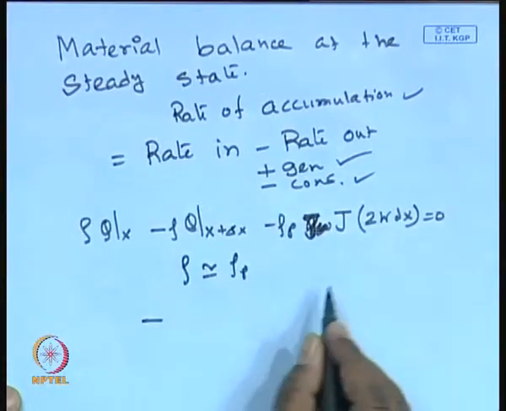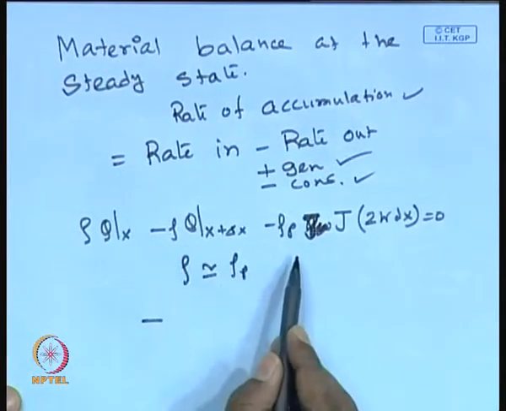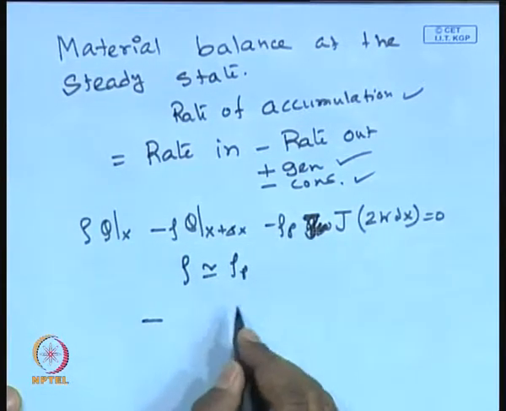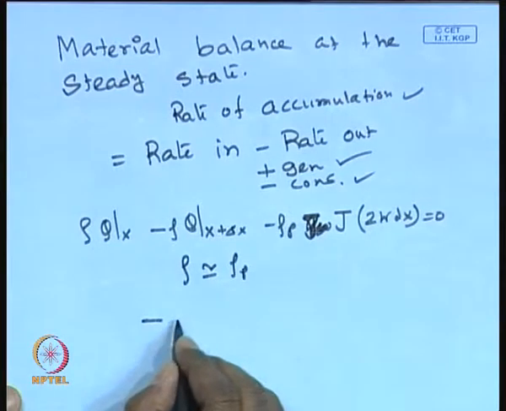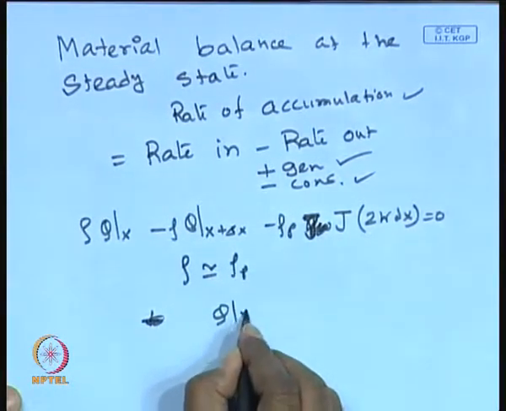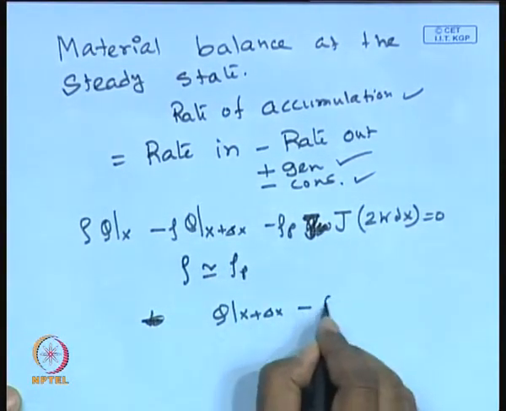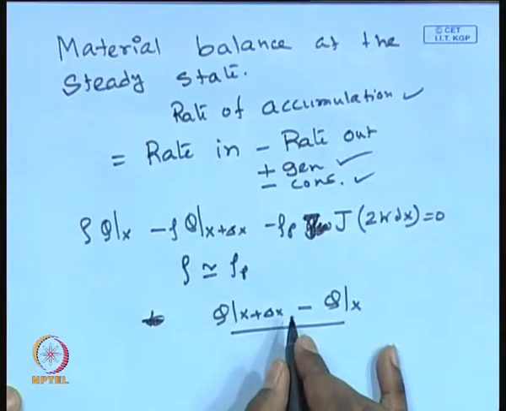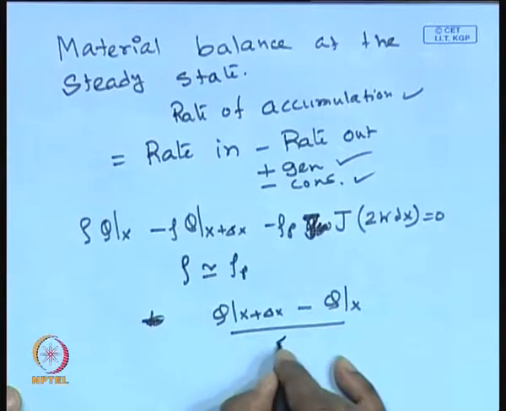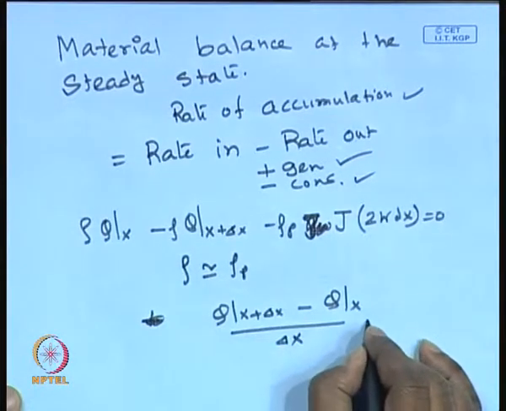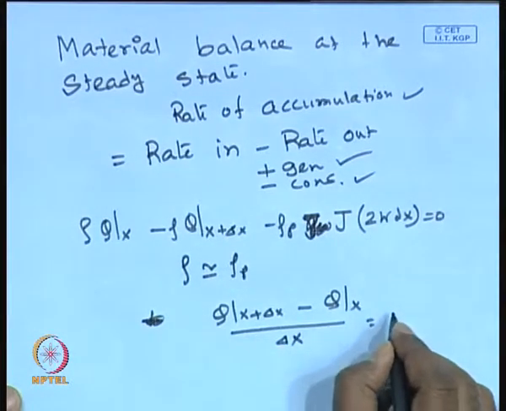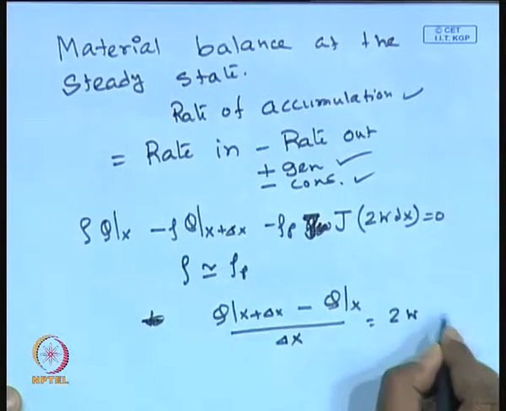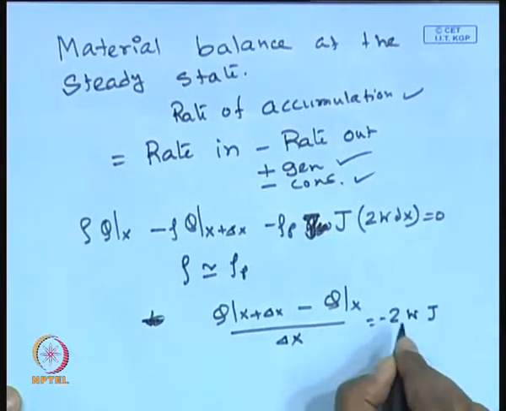So under that case, you just multiply this by delta x, and this becomes q at x plus delta x minus q at x divided by delta x is equal to 2 w j with a negative sign.